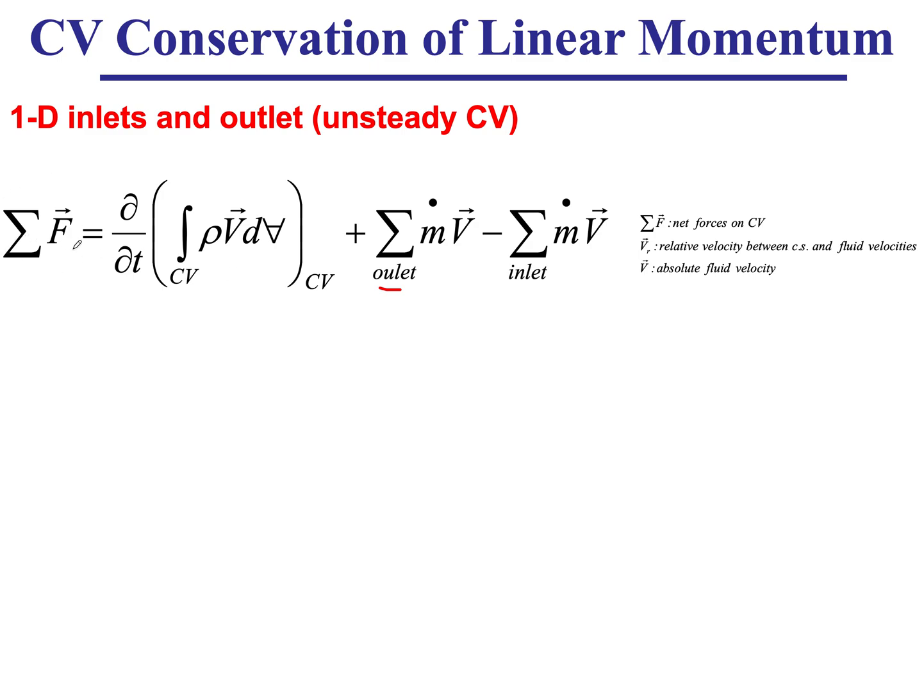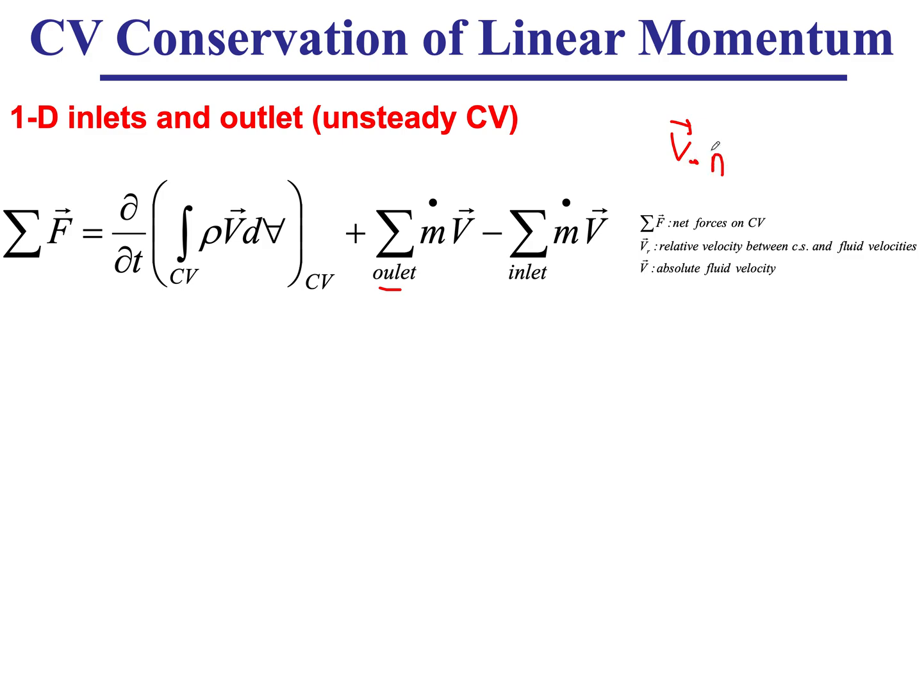So the summation of external forces will be the rate of change of momentum within the control volume plus the fluxes of momentum leaving the control volume minus the momentum fluxes coming in. And if this is confusing you, why it's out minus in instead of in minus out, it all comes from the mass conservation equation. So please check that out in the previous lecture. It's because of the v dot n dA, and that's how ins and outs are defined.